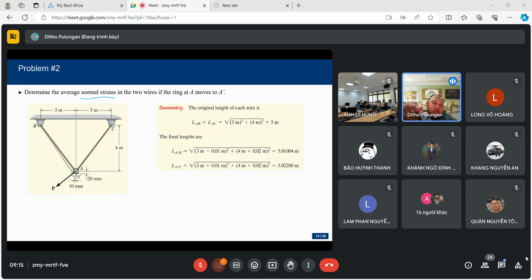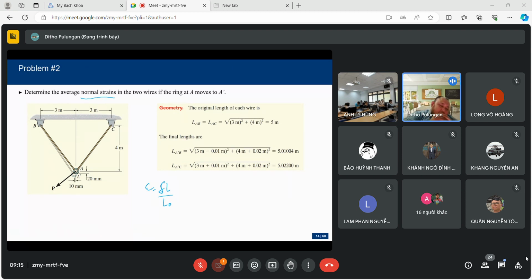Yeah. So the way you calculate the strain: you need delta L divided by L0. So you need to calculate L0 first. What is L0?